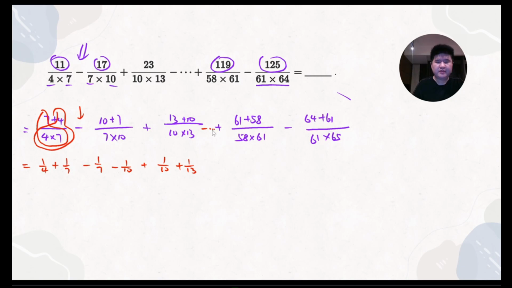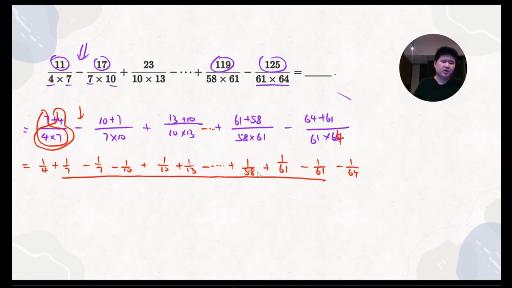Okay, here there are some terms hidden between them. 中间有一些项是被省略掉了。And for this one, we just get 1 over 58 plus 1 over 61. And minus, we get 1 over 61 plus 1 over 64. 我们会发现中间的所有项都可以互相抵消掉。Every term in the middle can be cancelled.